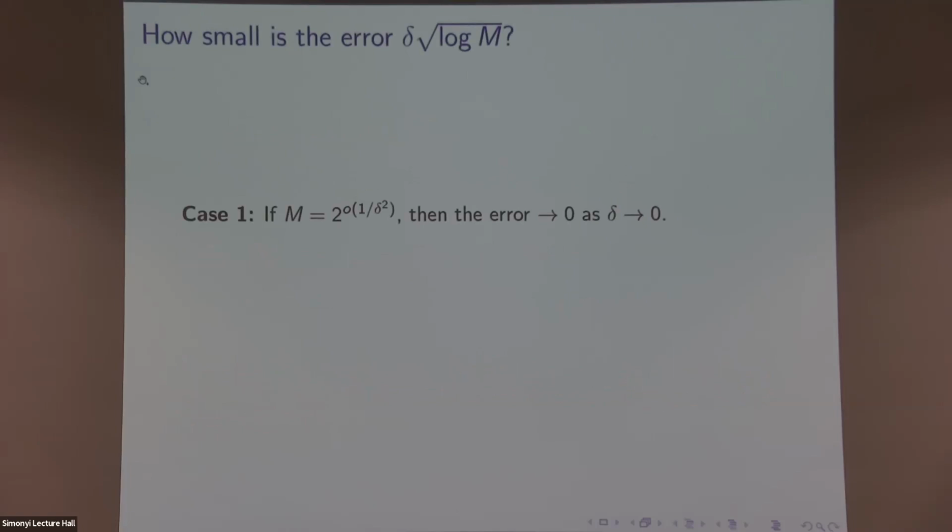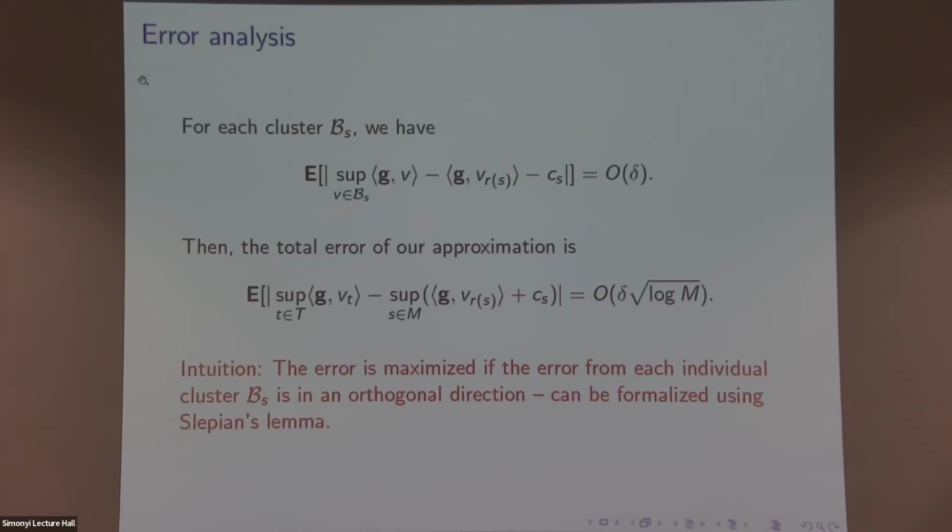If I even ignore the exact constant, m only depends on 1 over epsilon, on my final target error that I can tolerate. The point is that my error is growing like delta square root log m. I haven't chosen what delta is. I will choose some delta depending on what my target error is. But what I want is my eventual error to be small, to be vanishing.